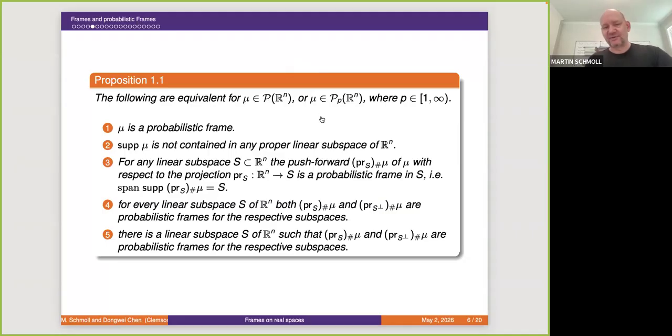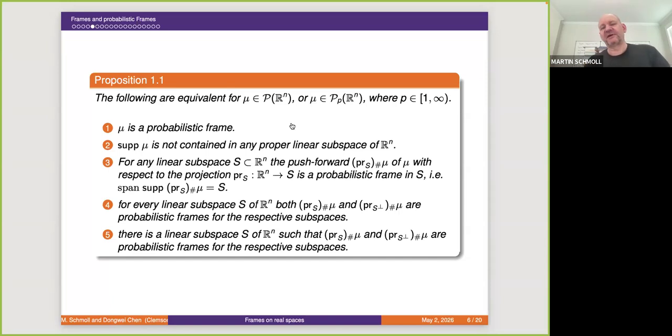In any case, here's something interesting about these. If you have a probabilistic frame or a P frame, it doesn't matter, then you have a couple of equivalences. The first one is the way I defined the frame condition: the support of mu is not contained in any linear subspace.